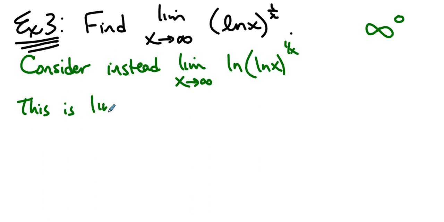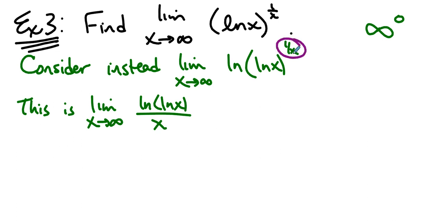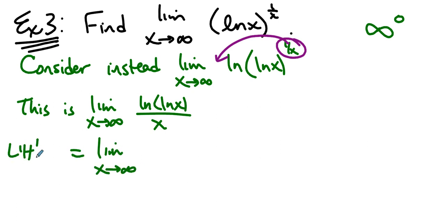And this is the natural log of x over x. Why? Because that 1 over x comes down in front. It becomes this fraction here. Well, this goes to infinity. This goes to infinity. L'Hopital says that we take the derivative of the numerator.